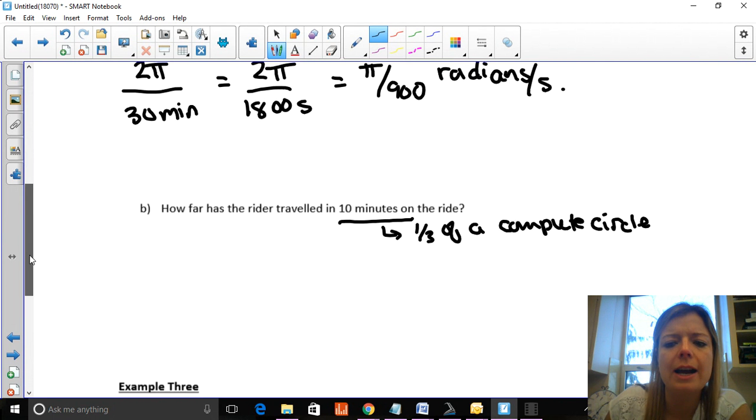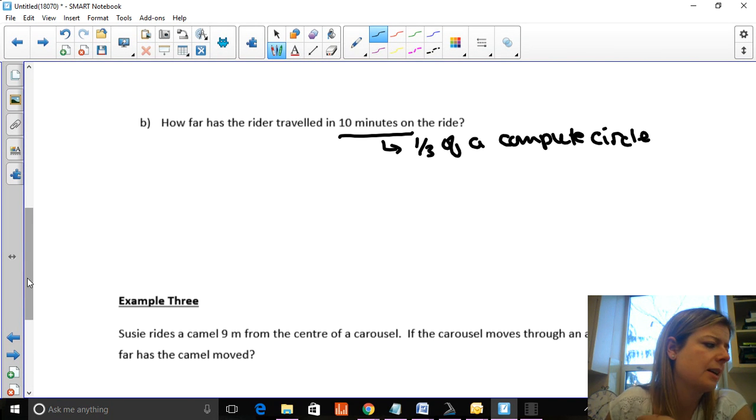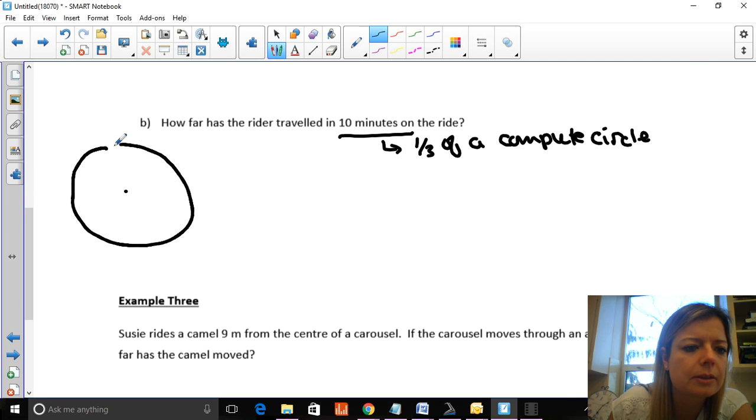So how far has it gone in 1/3 of that time? So if you think about your circle here, and you started here, 1/3 of that is probably about there. So they want to know how far the rider traveled. So they want to know the length of this arc, basically.